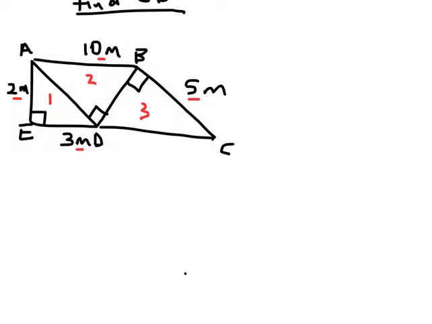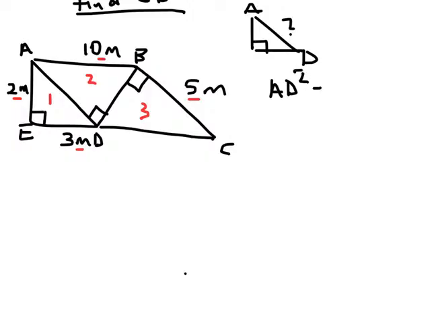So for triangle number 1, what you are actually looking for is this side, AD, because AD is the side that is connected to triangle number 1 and 2. So you always look for the side which is connecting 2 triangles. Obviously that side AD is our hypotenuse.